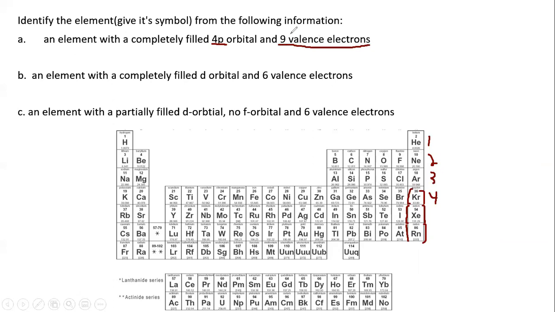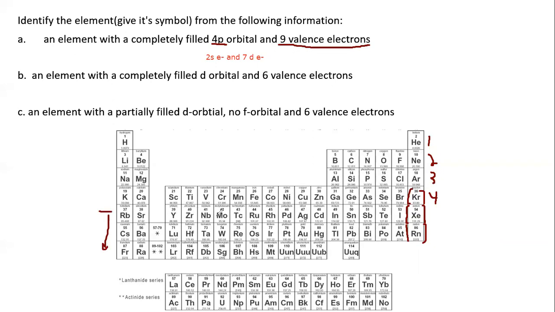So that means it's going to be a transition metal, and if we break this apart, it's going to have, in most cases, 2 s electrons and 7 d electrons, because 7 plus 2 gives us 9. So we want to look and see which transition metals, starting with row 5 and below, have 7 d electrons.